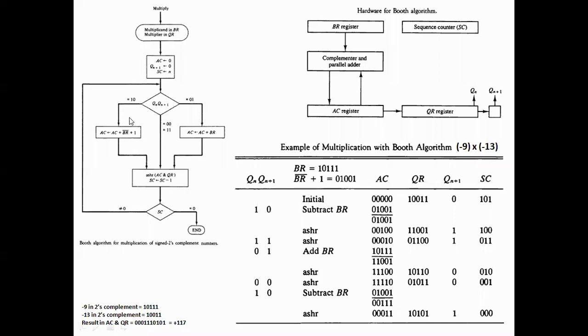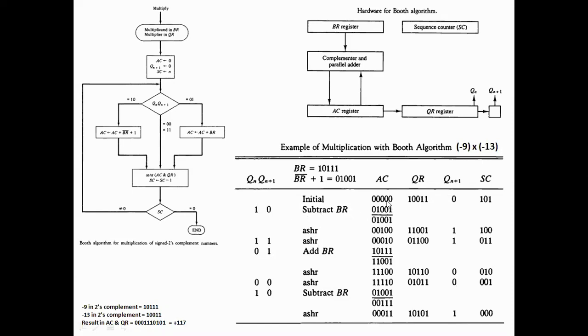If I go this way, it says subtract, do AC minus BR, which is the same as AC plus BR bar plus 1. So 1, 0 is there, so we do a subtraction.